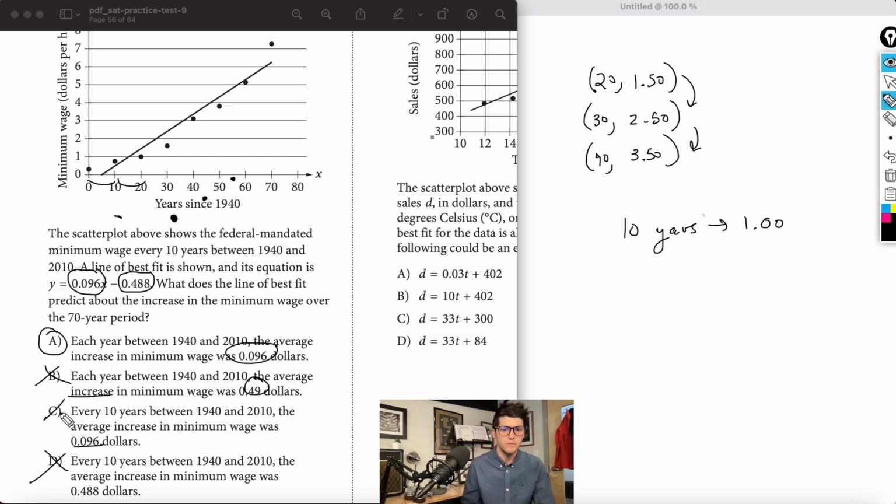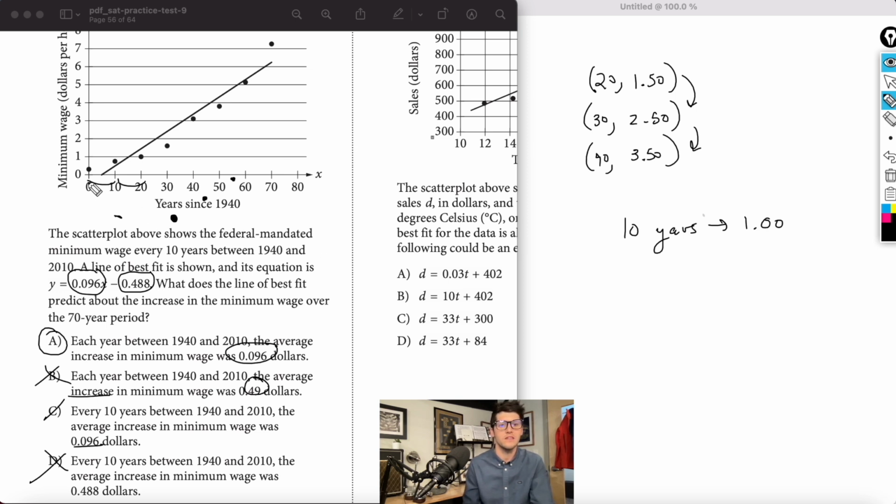So that was the way that I grounded my thinking in real numbers. Essentially, every year this goes up by 10 cents. It goes up 9.6 cents or $0.096. The reason I estimated there is because I feel like I can think through the values of 10 cents and $1 way better than I can think about 0.49 or $0.096 and stuff like that.